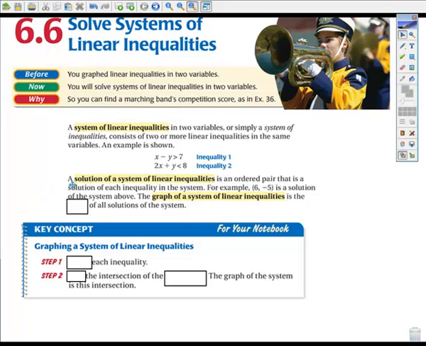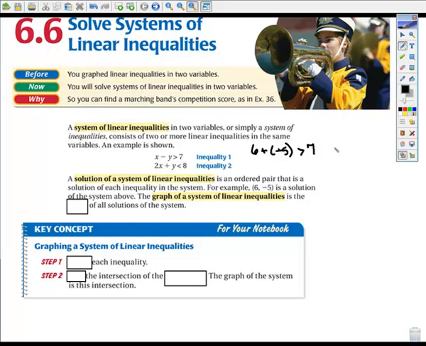A solution of a system of linear inequalities is an ordered pair that's a solution of each inequality in the system. So again, it's an ordered pair. Here's an example of 6, negative 5, and that would work in both of these inequalities above. If I put in 6, negative 5, I would have 6 subtract negative 5 is greater than 7 for this first one.